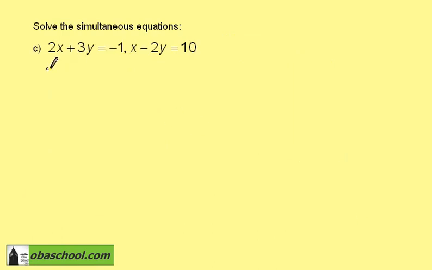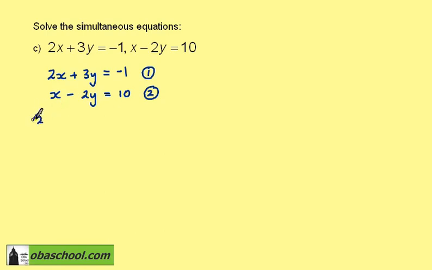We now have 2x plus 3y is equal to minus 1. Call this equation 1. And x take away 2y is equal to 10. Call this equation 2. Once again, a different number of x's and a different number of y's.